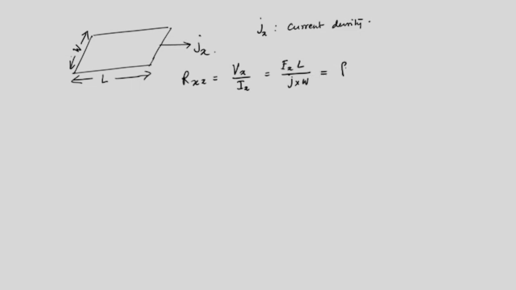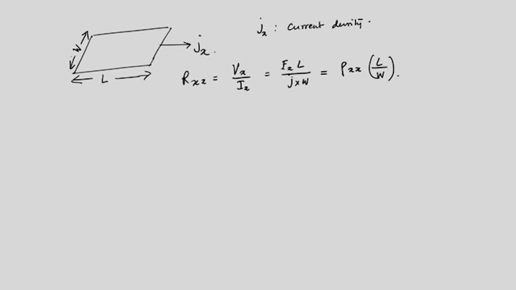So, this is nothing but equal to rho xx L over W. So, the longitudinal part of the resistance still depends on the geometric parameters. So, Rxx and rho xx are still dependent on geometry, and if you change this ratio L by W, then R by rho changes, and you need to know how you have changed the dimensions of the sample in order to answer what the relationship between R and rho is.